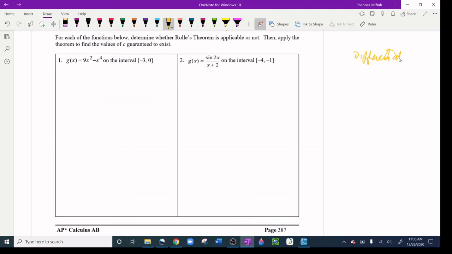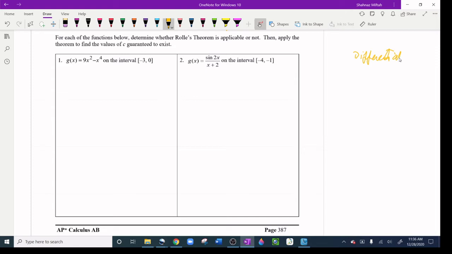But if it's continuous, then sometimes it's differentiable and sometimes it's not. So that's how it goes.